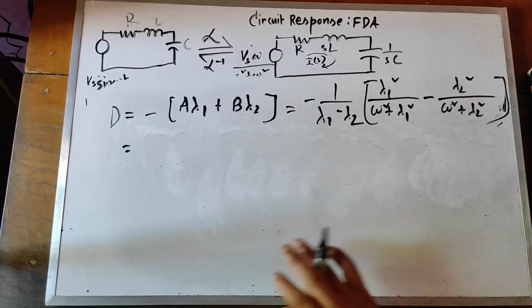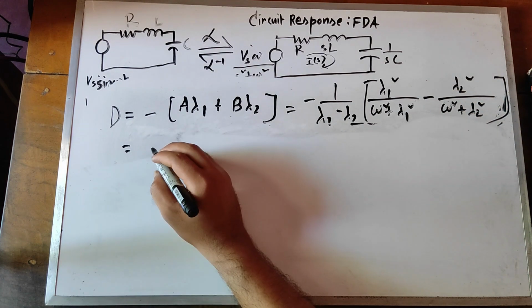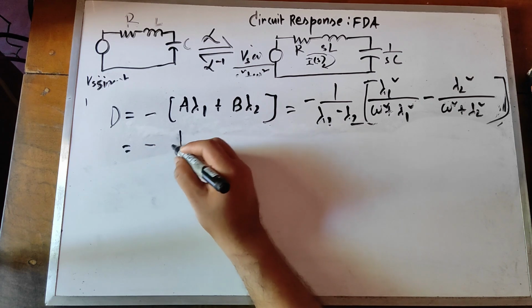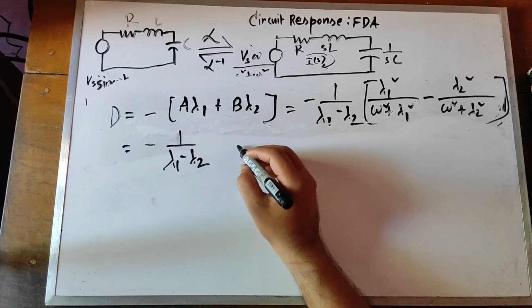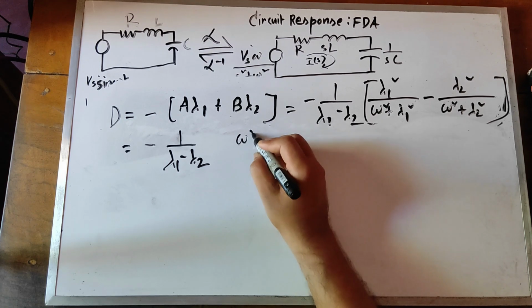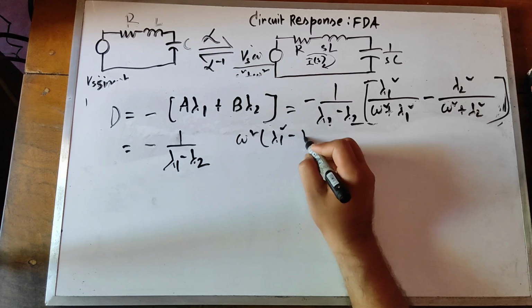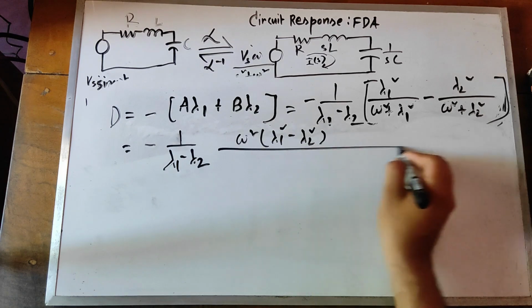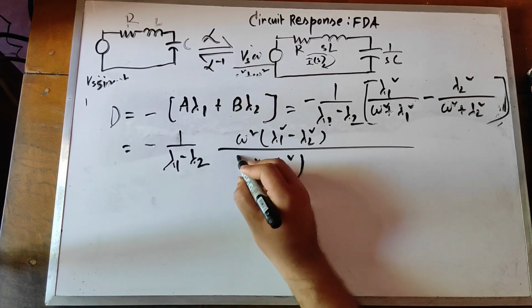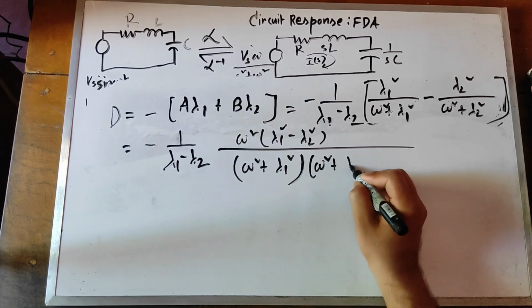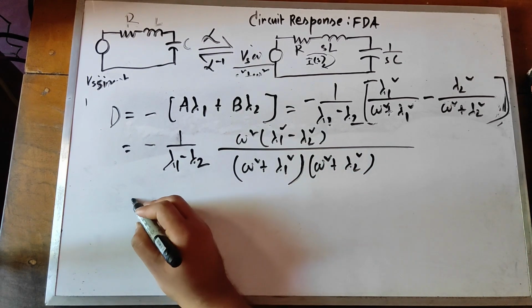So this will give me minus 1 by lambda 1 minus lambda 2 and omega square lambda 1 square minus lambda 2 square by omega square plus lambda 1 square omega square plus lambda 2 squared.